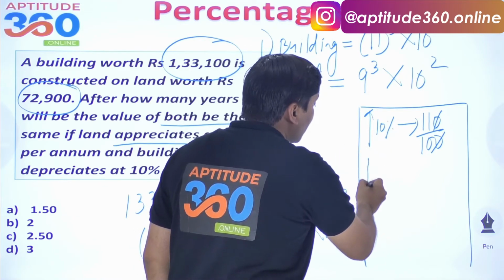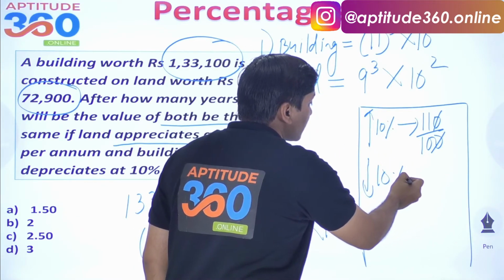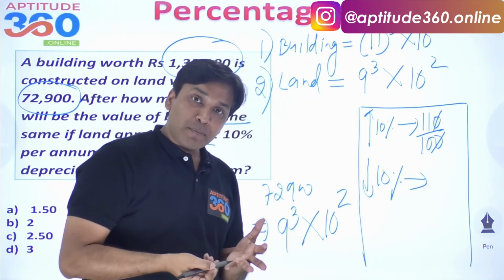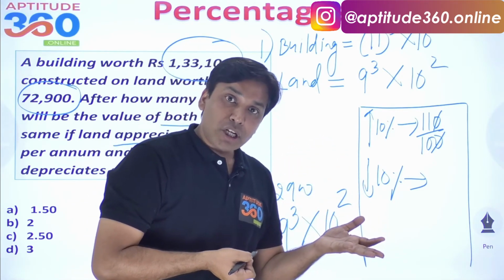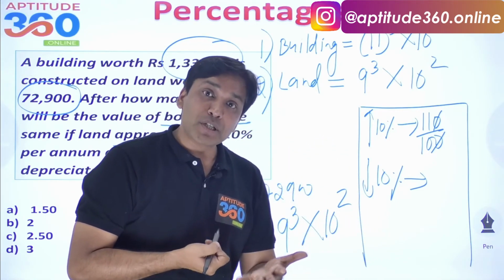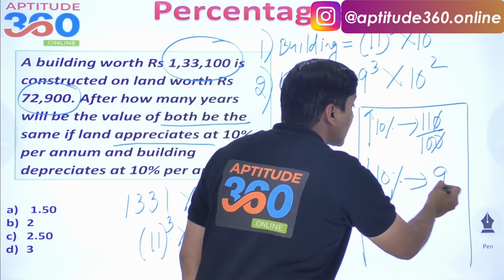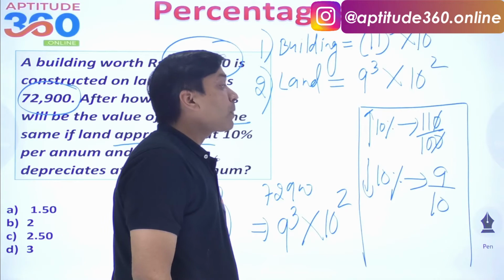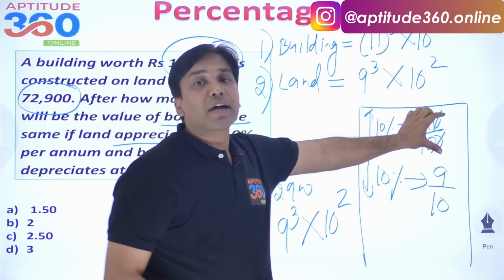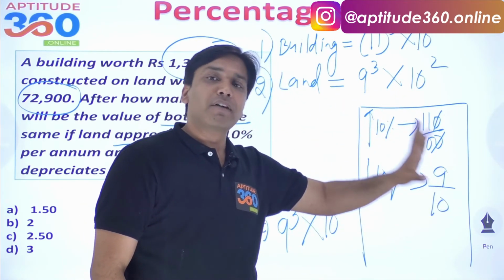And if something is decreasing by 10%, 10% is gone, how much is left? 90%. What is the multiplying factor of 90%? 9 upon 10. Is that okay? So when you increase, the multiplying factor is 11 by 10. When you decrease, the multiplying factor is 9 by 10.